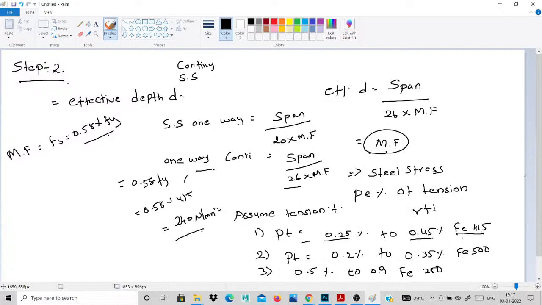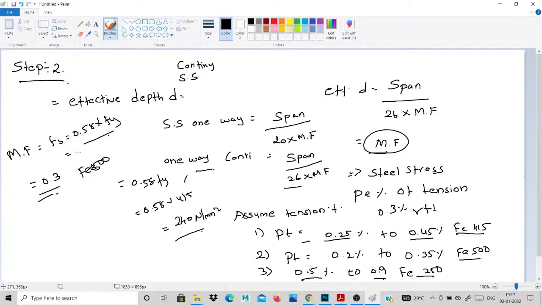For Fe415 it is 0.25 to 0.45, and you take a value for assumption such as 0.3. For Fe500, it is 0.2 to 0.3 percent. For mild steel 250, you assume 0.5 to 0.9 percent. I simply take 0.3, as I am using Fe500.